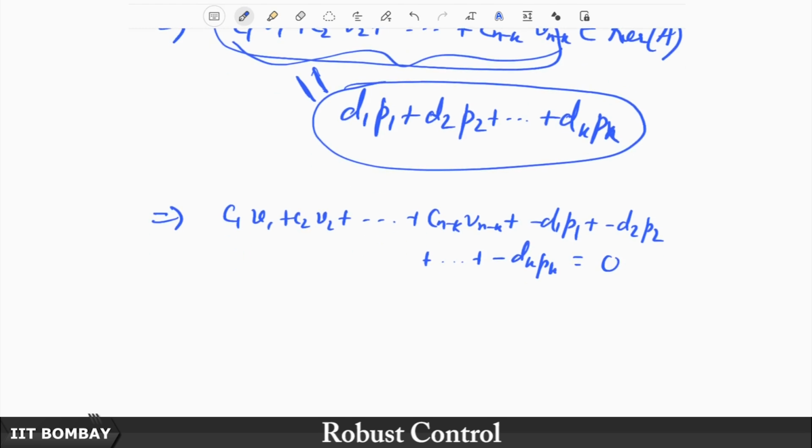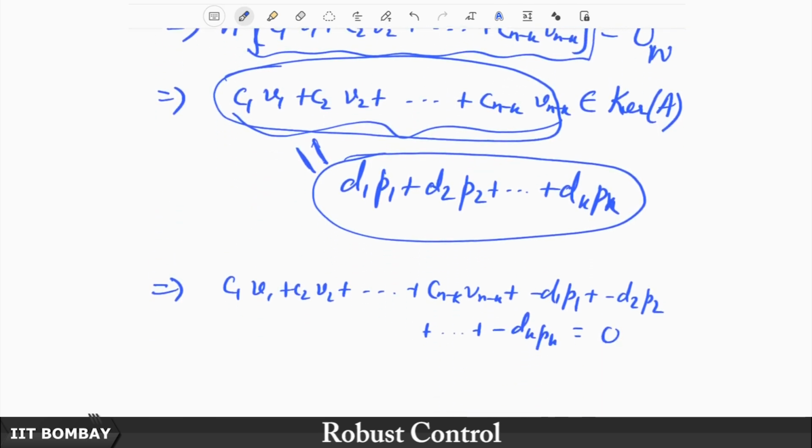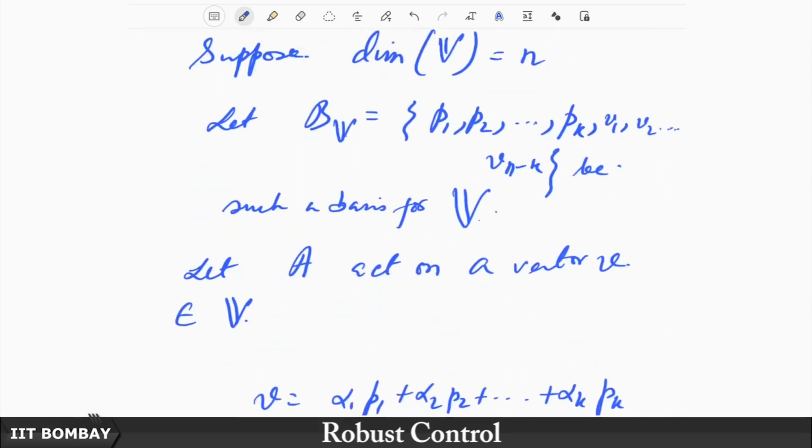But what is this? Now you notice that the set v1 through v(n minus k) and p1 through pk also form a linearly independent set. Why?